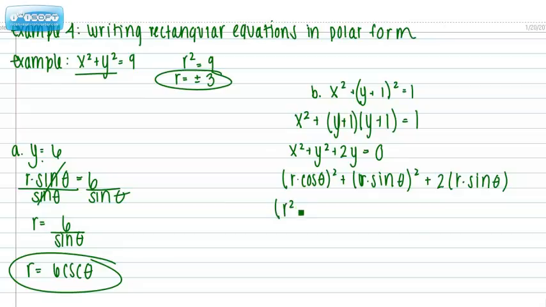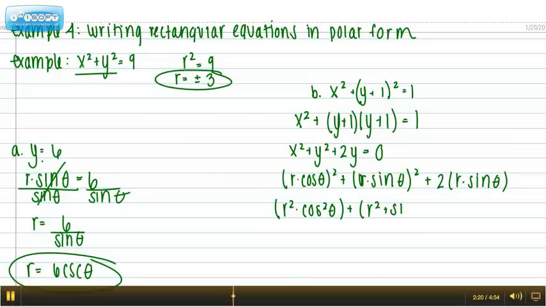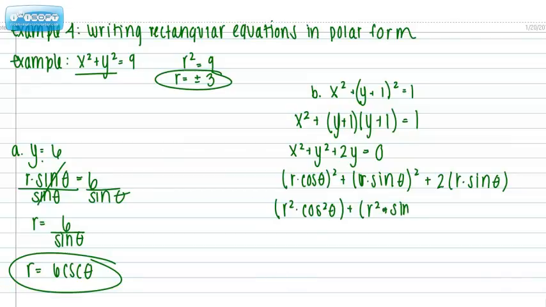So I'm going to have r squared times cosine squared of theta plus r squared times sine squared of theta plus 2 times r sine of theta equals 0.